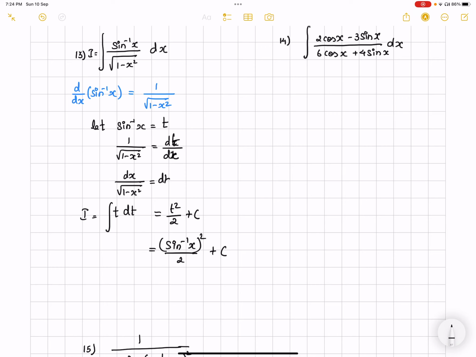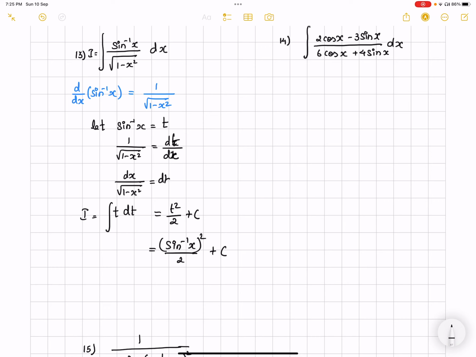Okay, under substitution. And now here we have something full of cos and sines. Let's check this one. So here I have (2 cos x minus 3 sin x) divided by (6 cos x plus 4 sin x) dx. Let me go with a substitution. But before that, can I take anything common from the numerator?